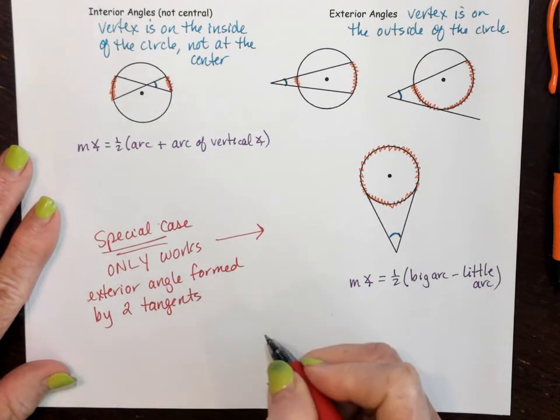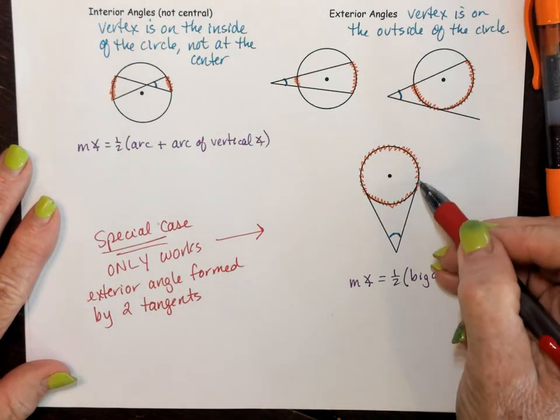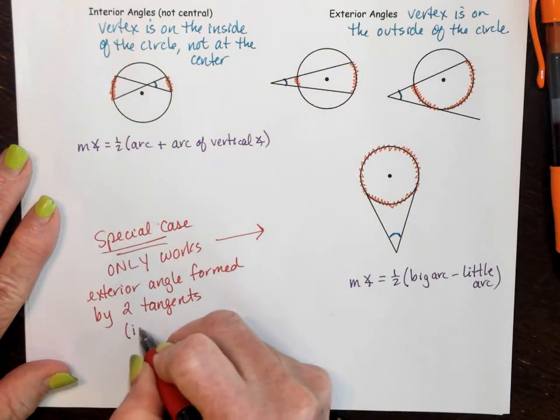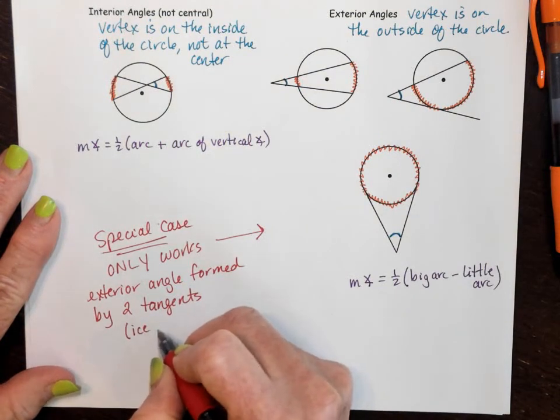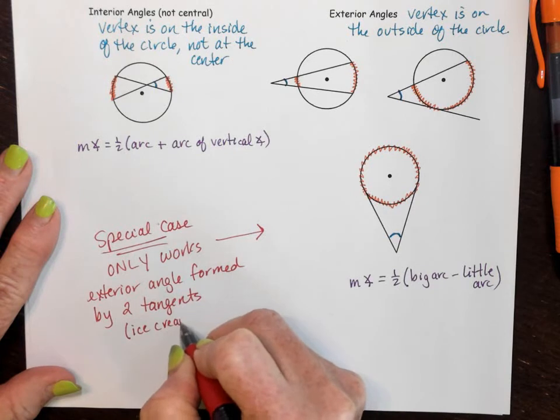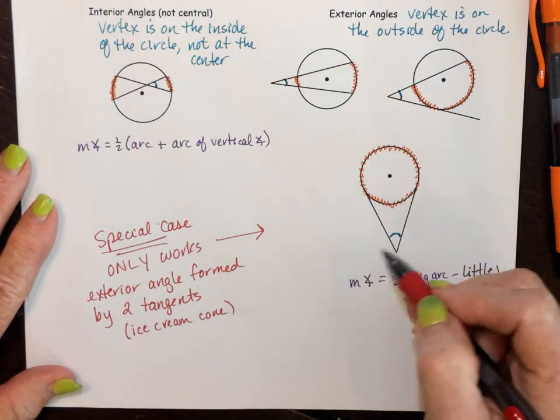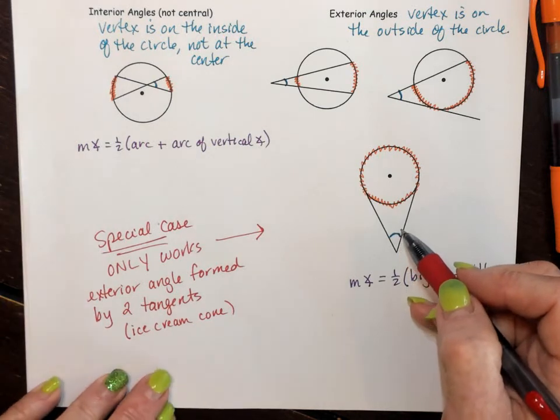Remember, a tangent line just skates right along the edge of the circle, so it just touches here and just touches here. I like to refer to this as the ice cream cone. Doesn't it look like an ice cream cone? Yes, it does. Come on.